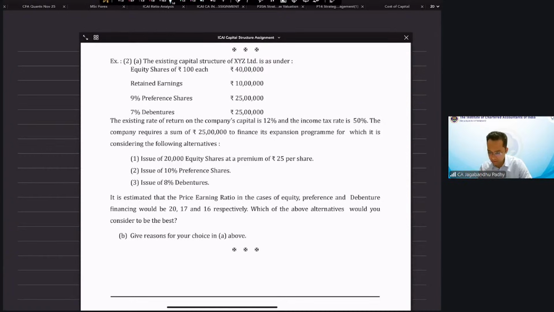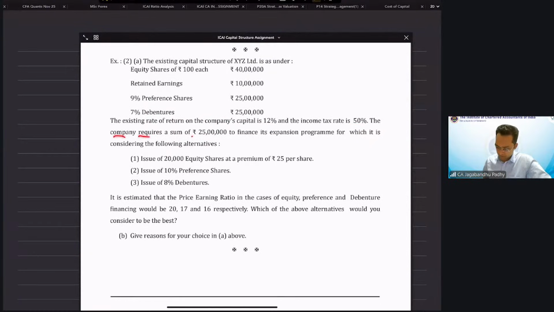Okay, so the existing capital structure of XYZ Limited is as under. Equity shares of rupees 100 each, 40 lakhs, retained earnings of 10 lakh, 9% preference shares 25 lakh, 7% debentures 25 lakh. The existing rate of return on the company's capital is 12% and the income tax rate is 50%.